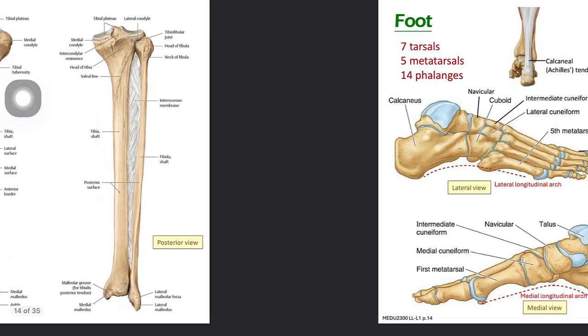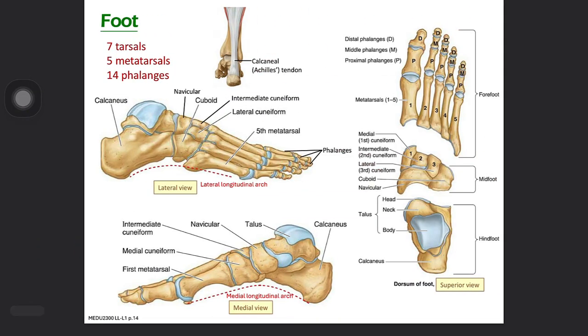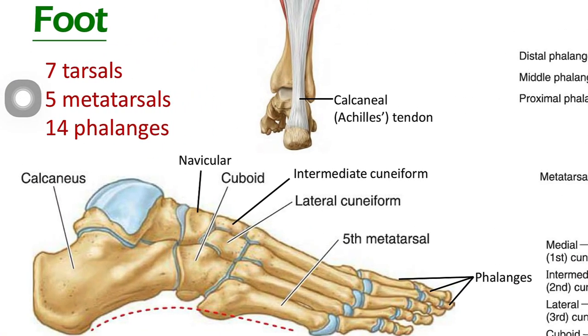Okay. And at the foot here, we have 7 tarsal bones, 5 metatarsals, and 14 phalanges. So if we go down to the numbers, what makes a difference with the upper limbs? Numbers. I'm not talking about those with extra fingers, right? Regularly speaking, the majority number of bones. So here only 7 tarsal bones, right?